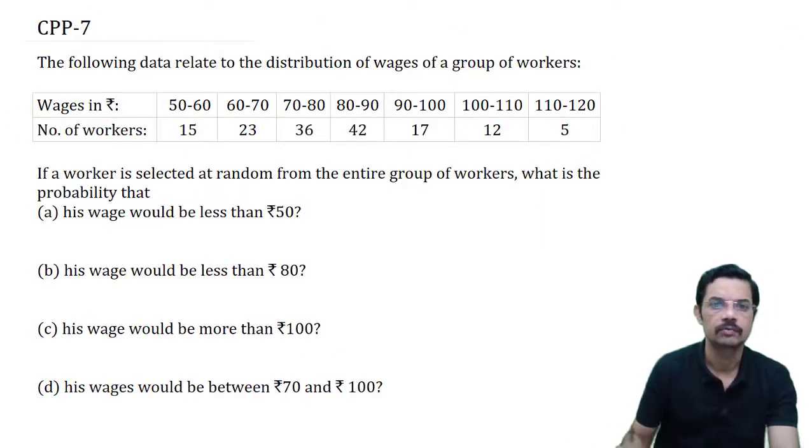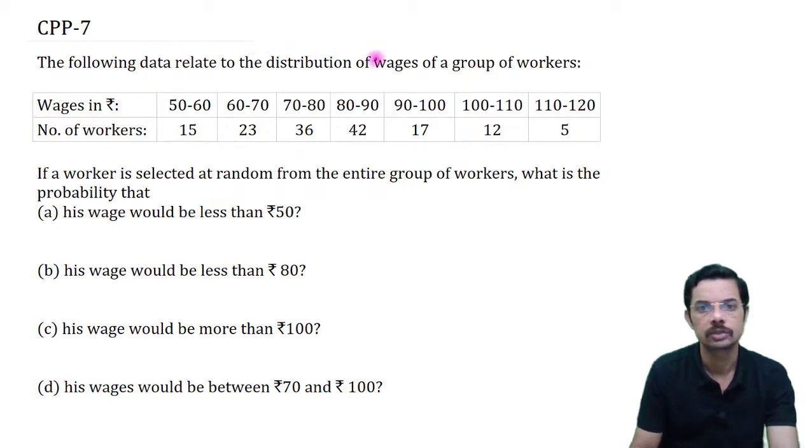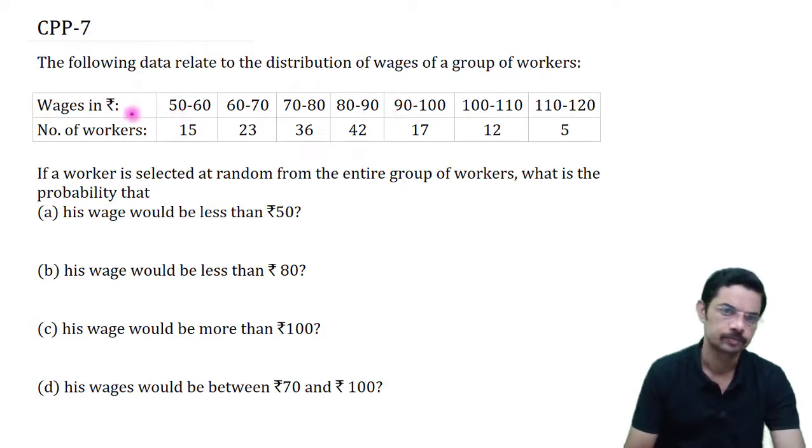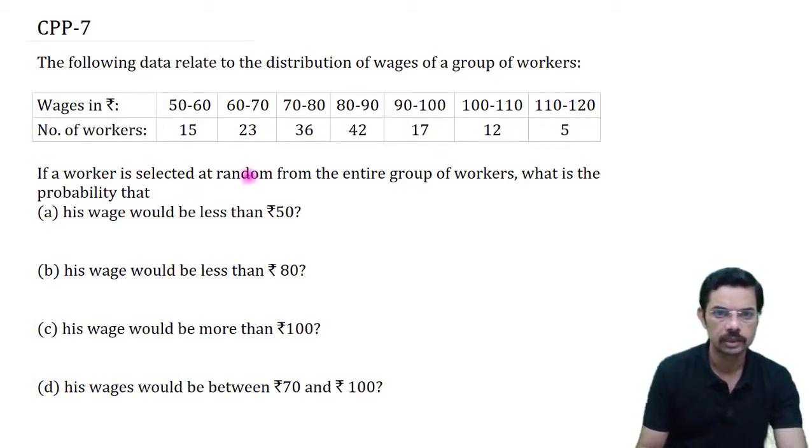In question number 7, the following data relate to the distribution of wages for a group of workers. The wages are given in classes, 50 to 60 rupees, 15 people, and 60 to 70 rupees are received by 23 people, and so on. The highest is 110 to 120. One worker is selected at random from the entire group of workers.